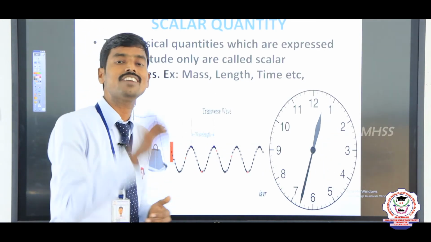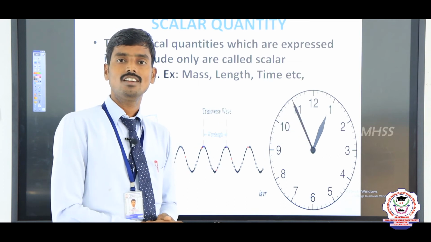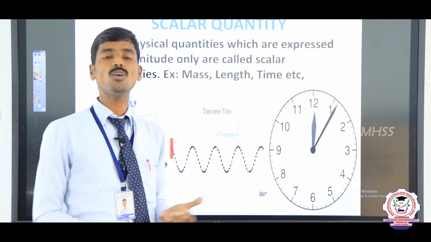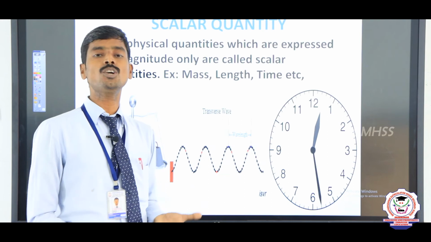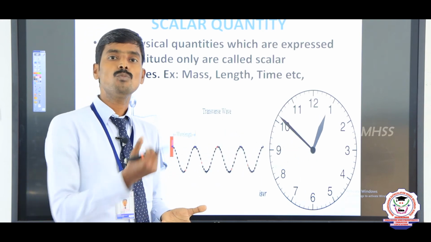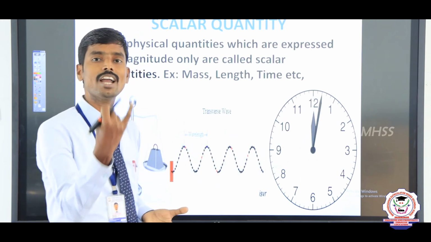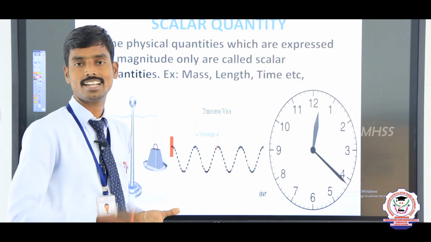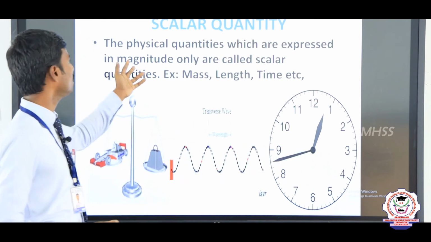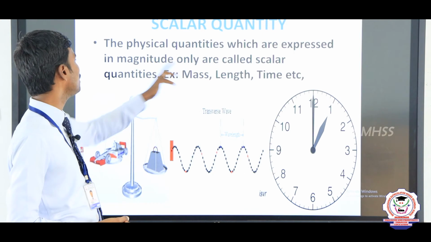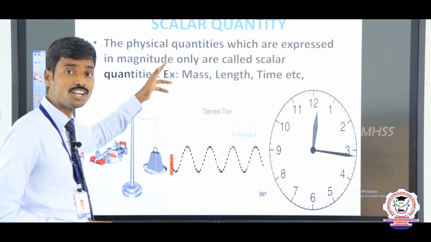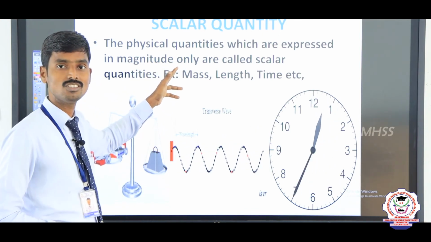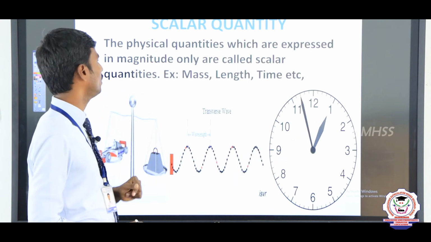First I am going to introduce scalar quantity. A scalar quantity is any physical quantity that possesses magnitude only, with no direction.